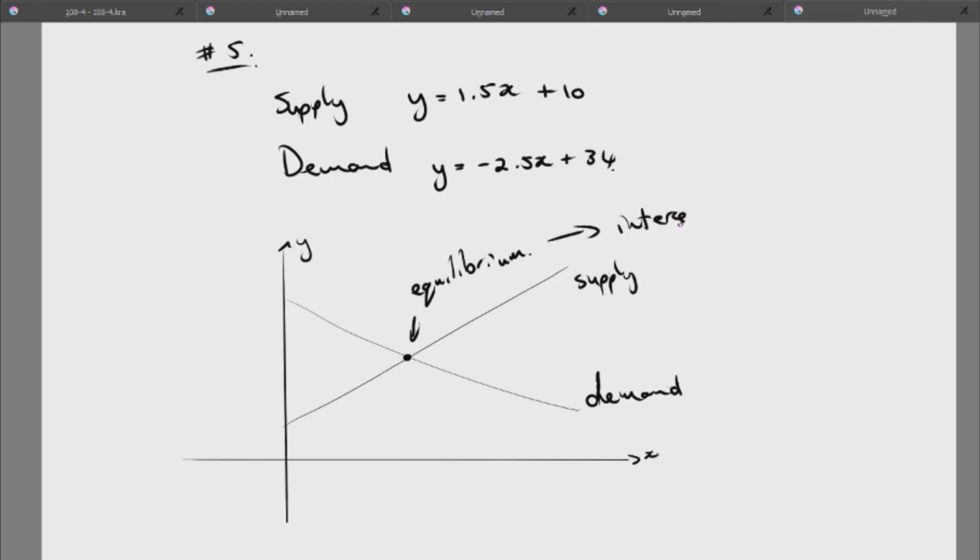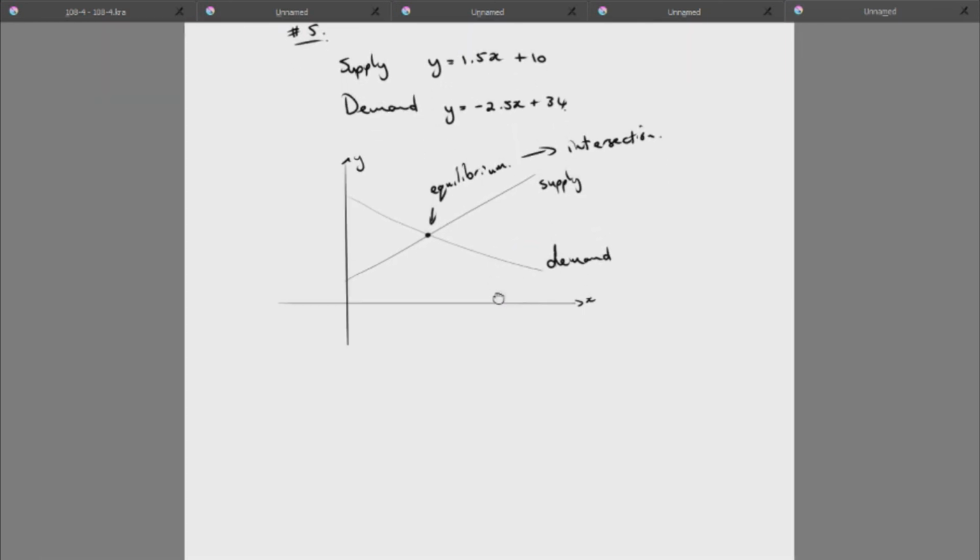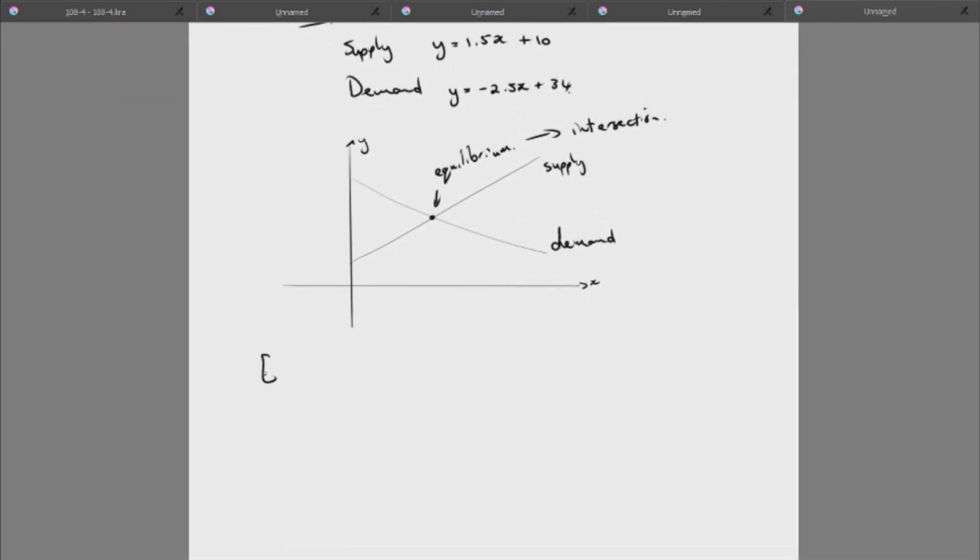How do I find the intersection of two lines? Yes. I set them equal to each other. So I'm going to zoom out a little bit so I can see them. So equilibrium is 1.5x plus 10 equal to negative 2.5x plus 34.